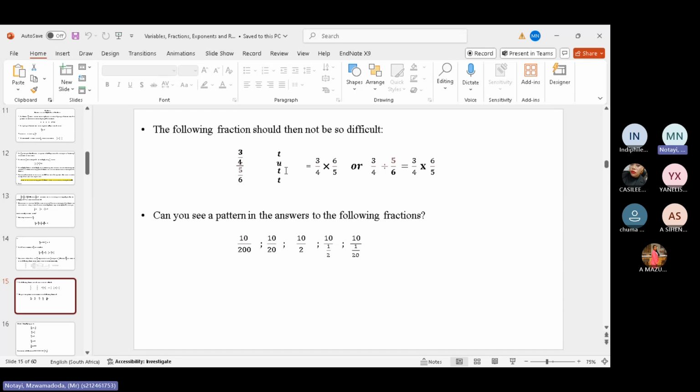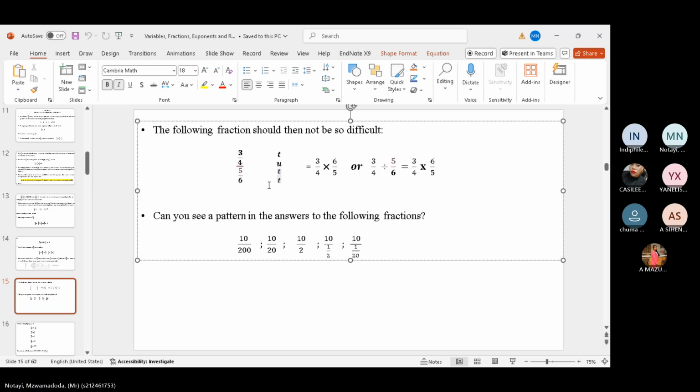Okay, we have T, U, T, top, under, so the second T, sorry, should be under, so it should be T, under, T. So 3 over 4 divided by 5 over 6. So T, U, T. So it's top, under, top.